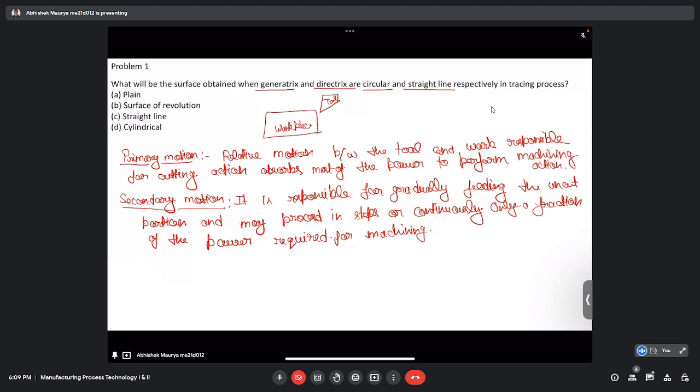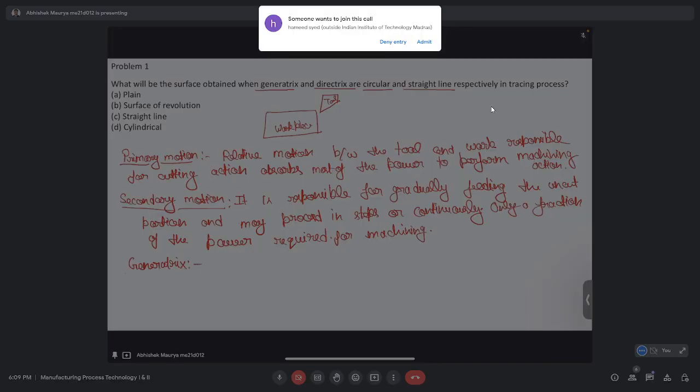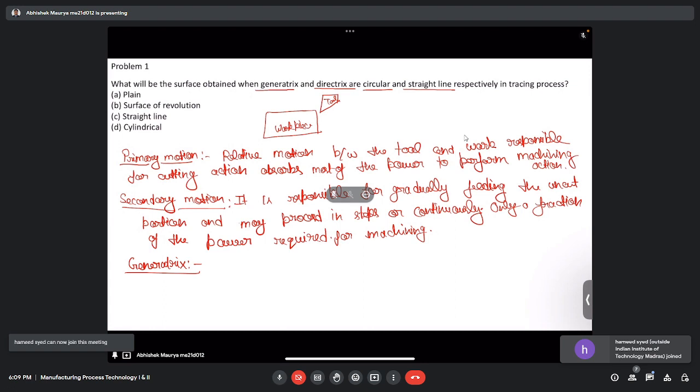So there are two types of motion: one is primary, one is secondary. Primary consumes the major portion of the total power, and secondary consumes a lesser portion. Because of these two motions, what are we going to get? One is the generatrix. What is generatrix?